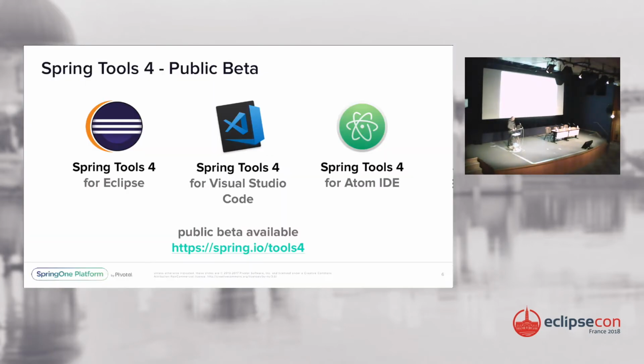So what is our background? I work for Pivotal, and we did the Spring IDE and the Spring Tool Suite for Eclipse over the previous years, and even decades now, I think. Our goal is to support Spring developers around the globe and give them the best developer experience. We did this in the past using Eclipse, so we wrote plugins for Eclipse.